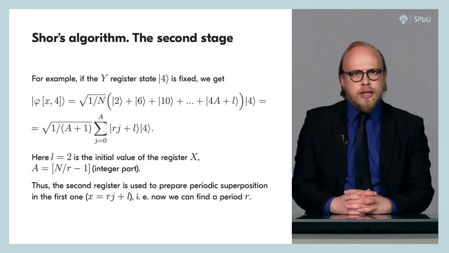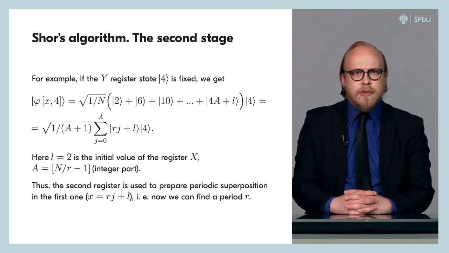Moreover, j is the zero term of the resulting increasing arithmetic progression, and in our case it equals 2. Thus, the second register is used to prepare a periodic superposition of the first one. In fact, here, as in the Deutsch algorithm, we use quantum parallelism.